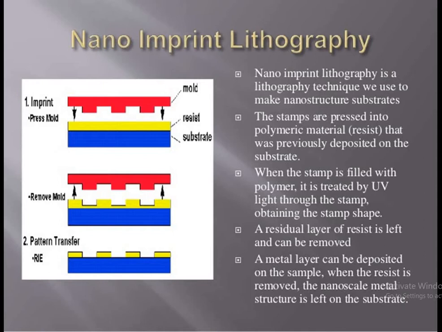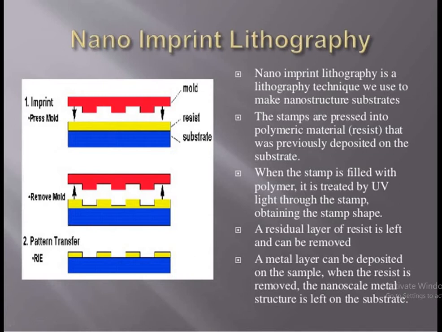Whatever residual layer of resist is left can be removed, and after that a metal layer can be deposited on the sample. When the resist is removed, the nanoscale metal structure is left on the substrate. So this is the final requirement, the nanoscale metal structure.